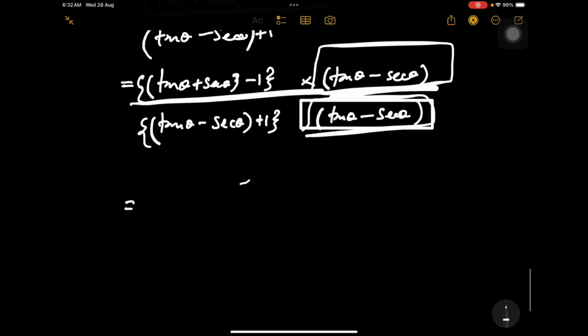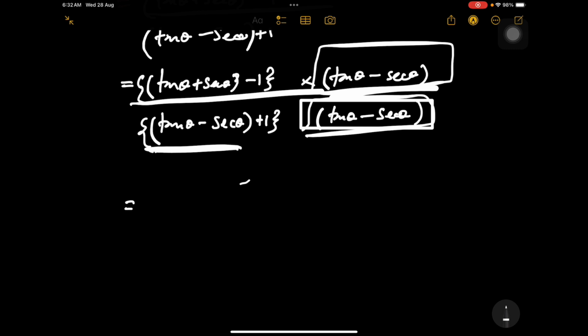So why do I multiply the other way around, instead of sec theta minus tan theta? I'm thinking it's just a hint, just a feeling that it will work. Sometimes it doesn't work, and if it doesn't work, you have to think in another way.